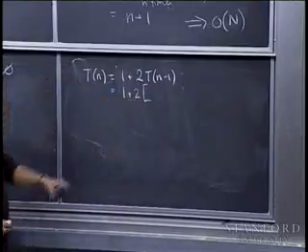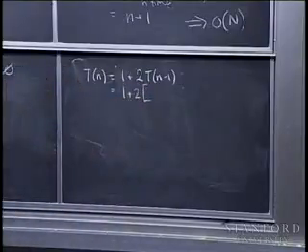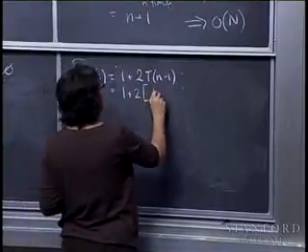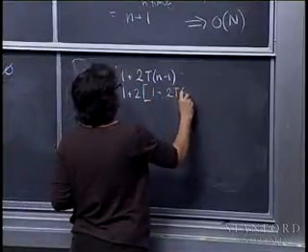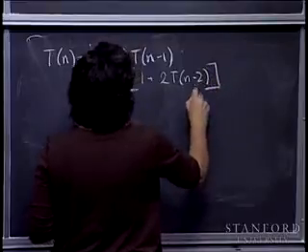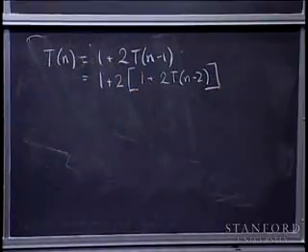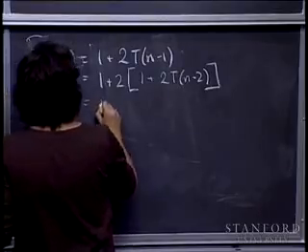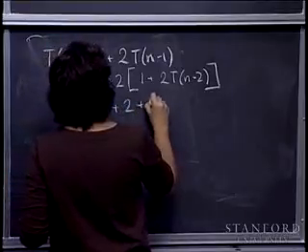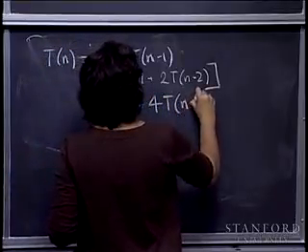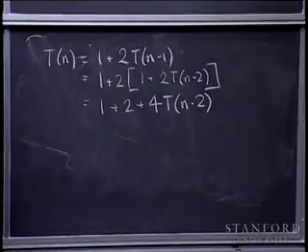So then I take T(n minus 1), and I plug it in over here to get 1 plus 2 T(n minus 2). This whole thing is multiplied by 2, though, because I have 2 of those, from the original call, which then itself made 2. So in fact, if I multiply through, I've got 1 plus 2 plus 4 T(n minus 2).